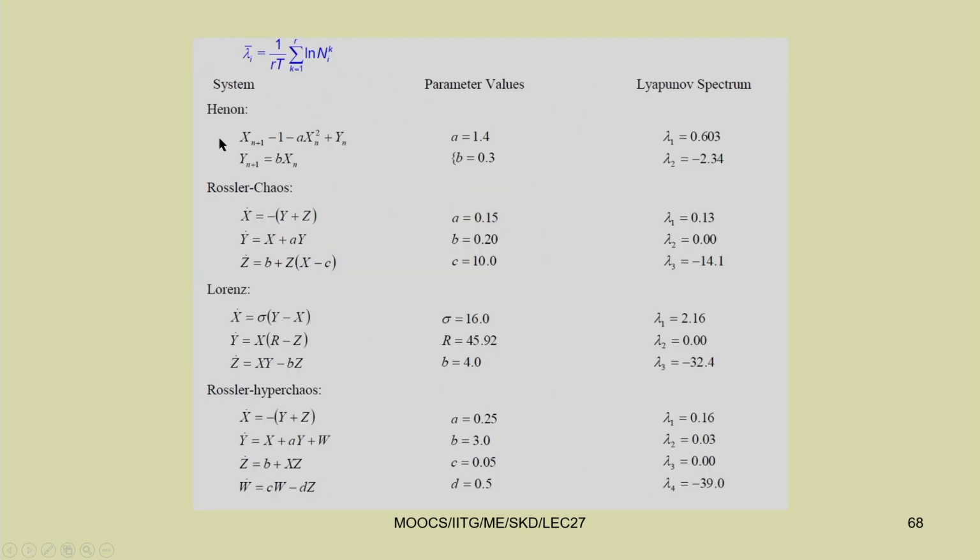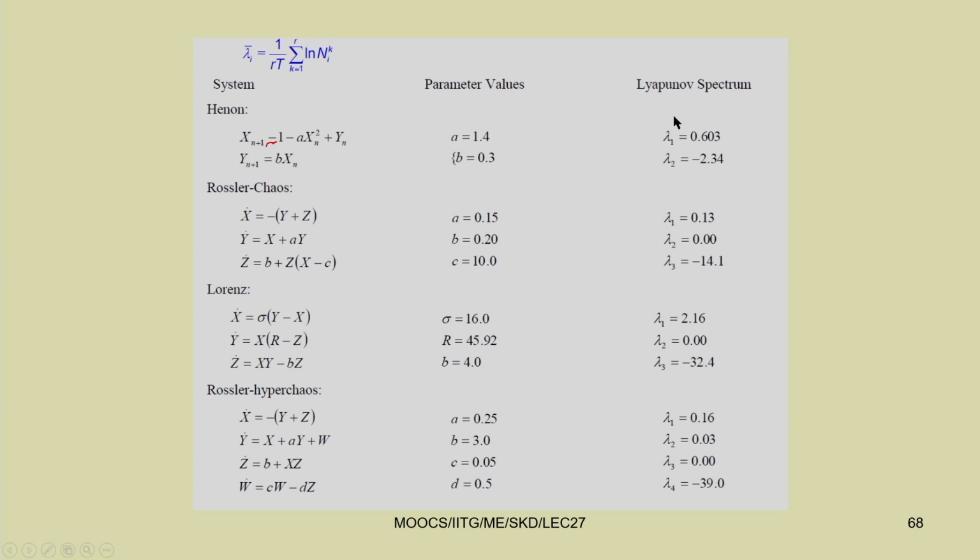These are the Lyapunov exponents for commonly used maps and equations. When you are finding a number of Lyapunov exponents, they are generally written as the Lyapunov spectrum. For the Henon map, the equation is x(n+1) equals 1 minus a x(n) squared plus y(n), and y(n+1) equals b x(n). For a equal to 1.4 and b equal to 0.3, one can find a chaotic response.